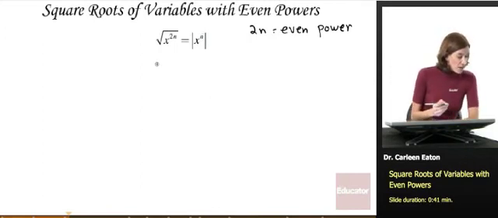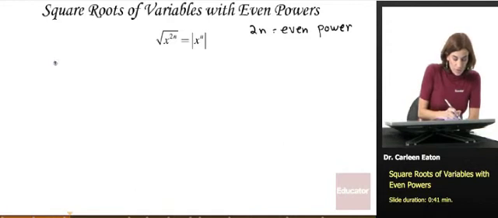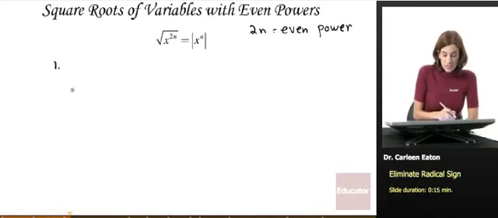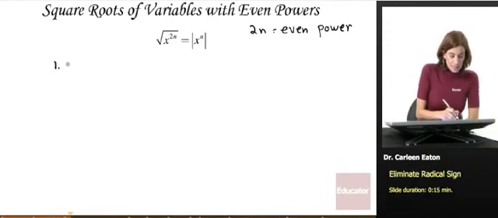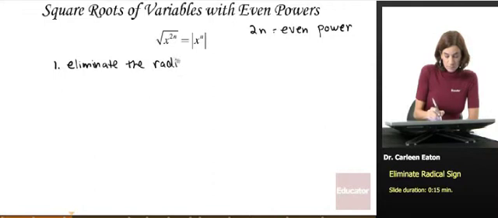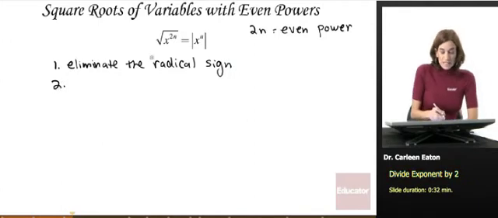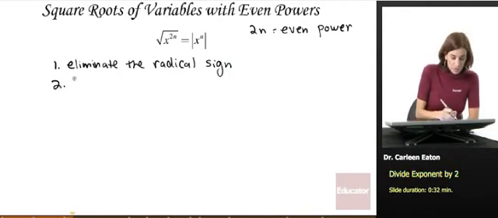If I want to find the square root of a number in this form that is raised to an even power, the first thing I'm going to do is eliminate the radical sign. Next, I'm going to divide the exponent by 2.